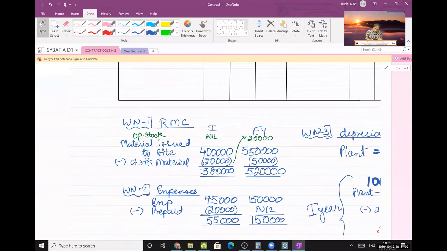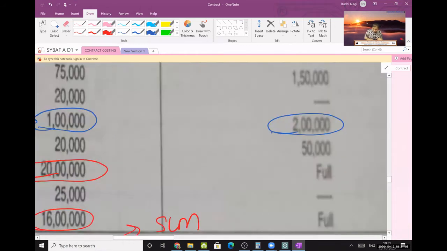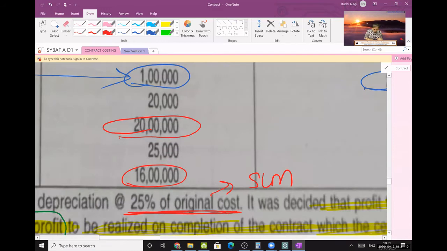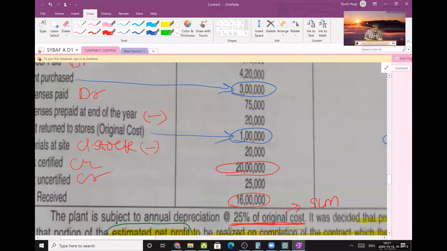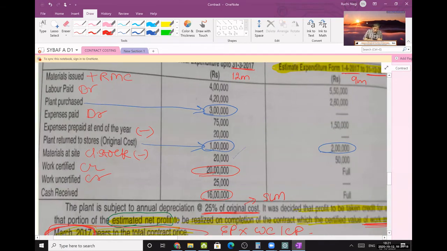But in this sum it was given. Otherwise they generally don't give it because it is the last year. So we assume that whatever raw material is left, all of it is going to be used now. See this 20 and this is 50.